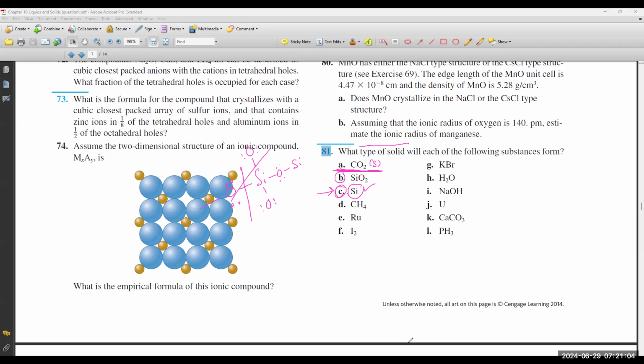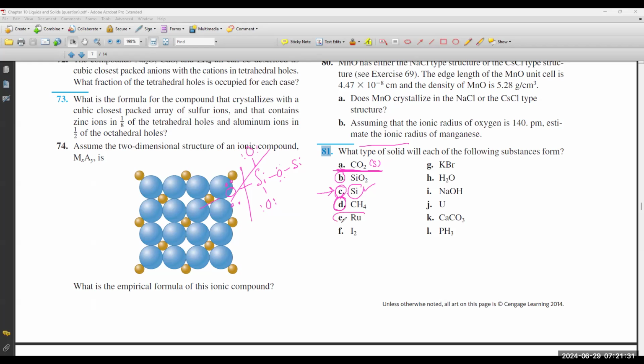So this is also covalent network, and covalent bonds are there. Okay, what about D? What type of solid? Ionic, molecular, covalent network, metal? Yes, it's molecular.